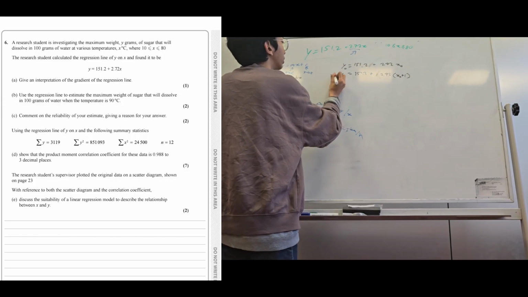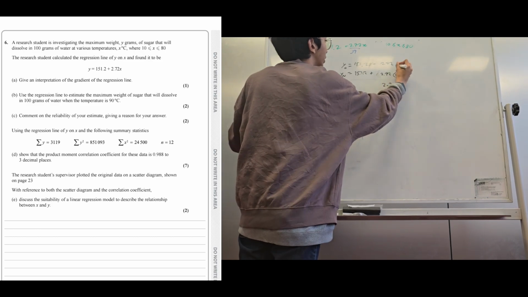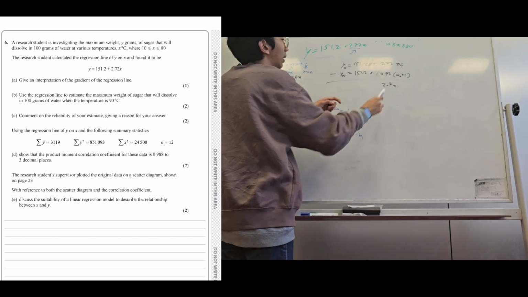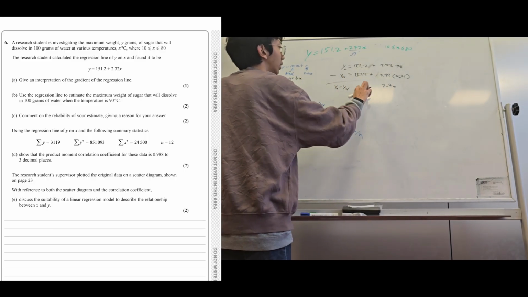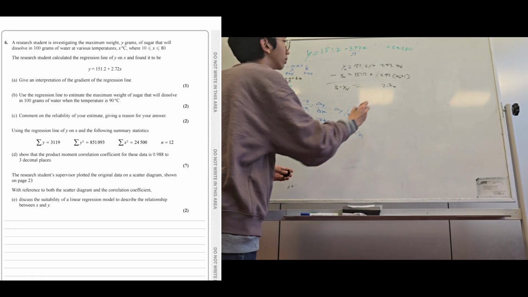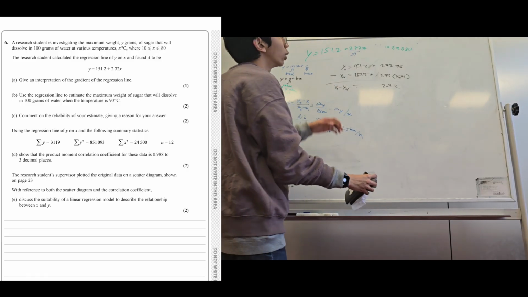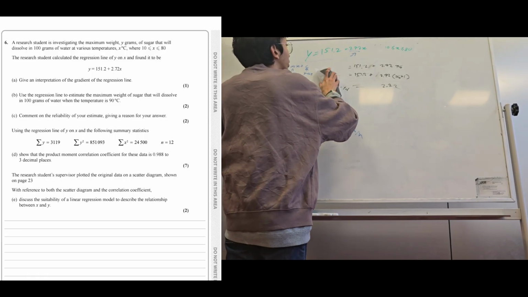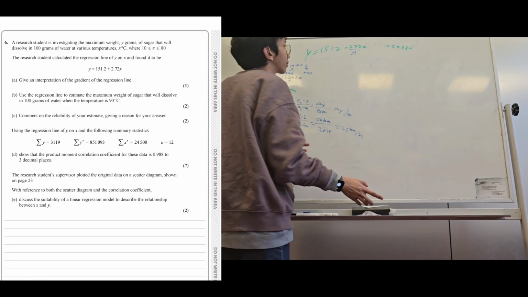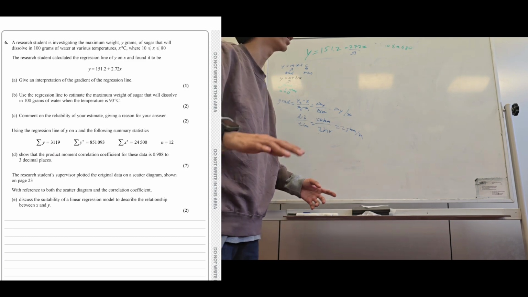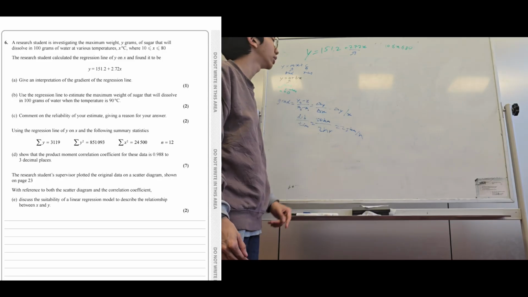If you subtract the two, these cancel out, and these also cancel out, and you get just 2.72. In other words, if you increase x by 1, you increase the value of y by 2.72. This is just a simple calculation to show you that no matter what value x is, whether 1, 2, 3, 10, 80, 15 or 23, if you increase x by 1 unit, y increases by 2.72 units.